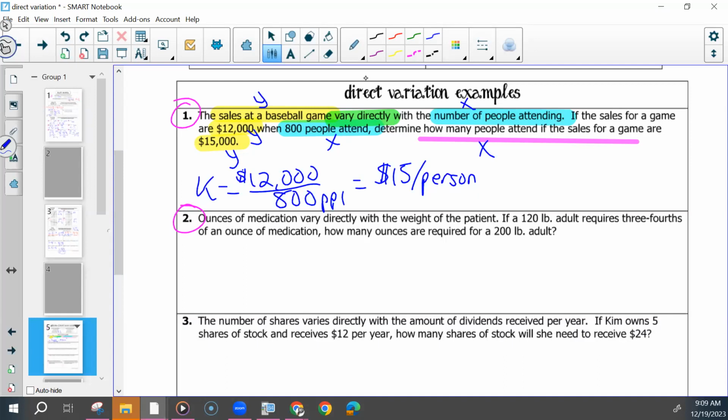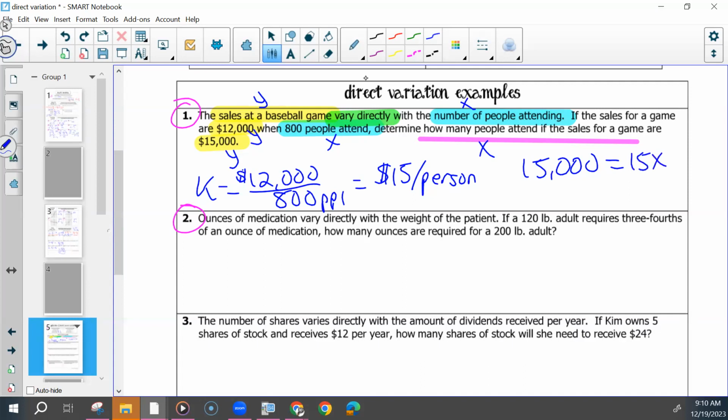Then 15,000 for y, so 15,000 equals 15 times x. Then we're solving this for x.